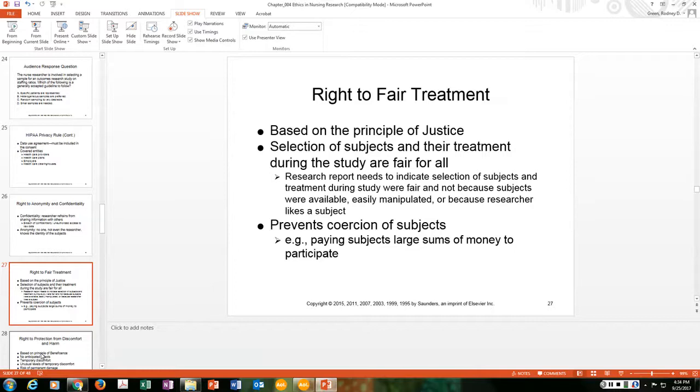The principle of justice and fair treatment prevents coercion of subjects. For example, paying subjects large amounts of money to participate. So injustices in the past occurred with regard to social, cultural, racial, and sexual biases.